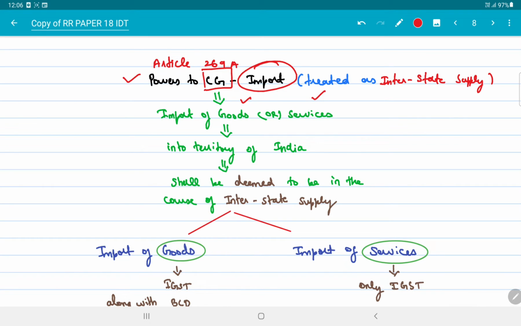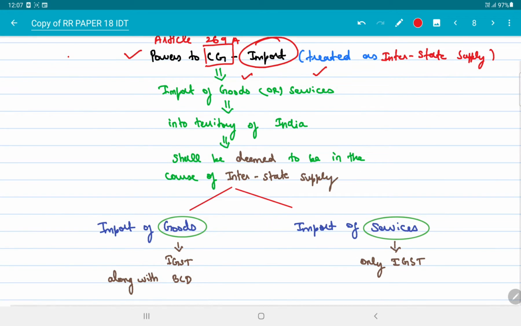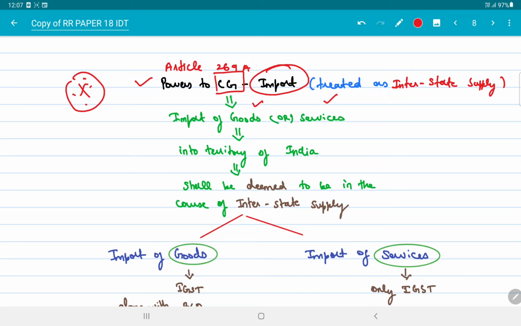Both goods or services. Please try to understand, very important: if there is any import of goods or services into the territory of India, it shall be deemed to be in the course of interstate supply.